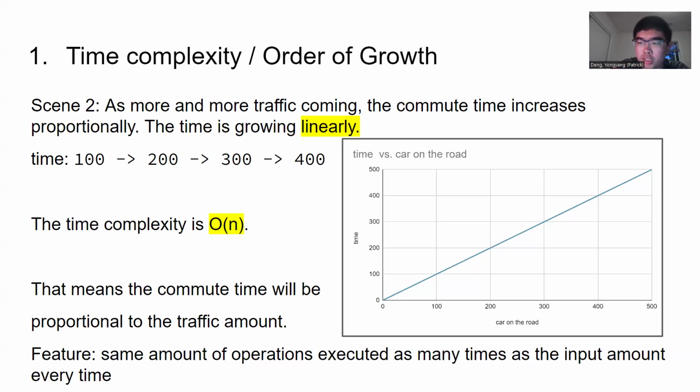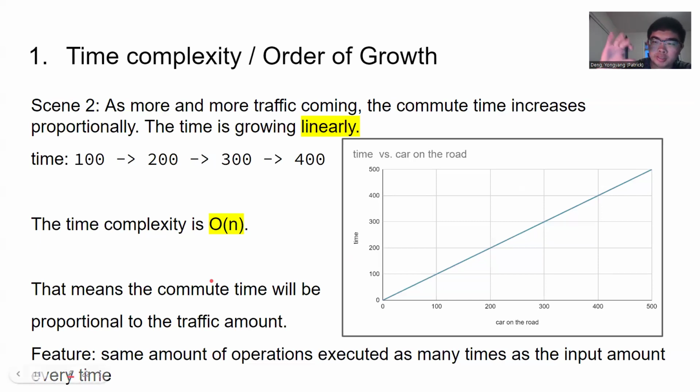linear growth, big O of n. It's like more and more traffic comes, as more and more input comes, the commute time will increase proportionally to the input, proportional to how many cars are on the road. So the time is growing linearly. For example, 100, 200, 300.